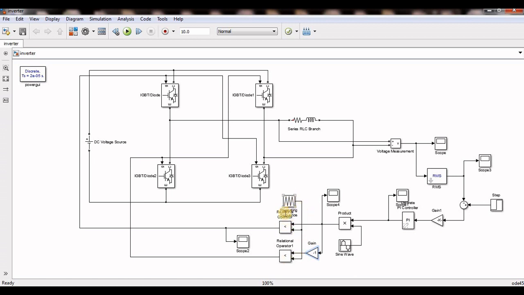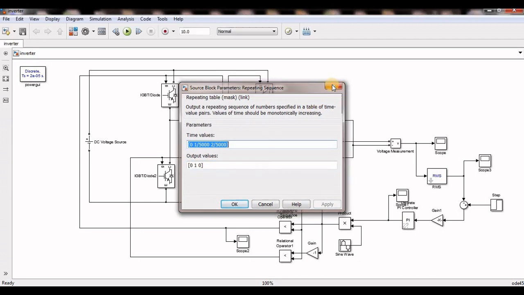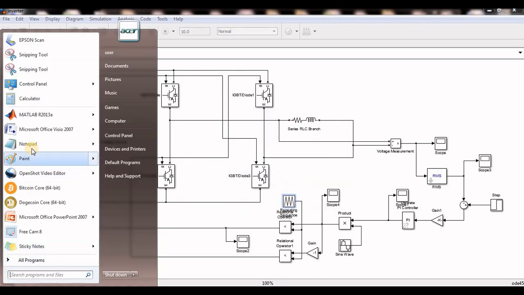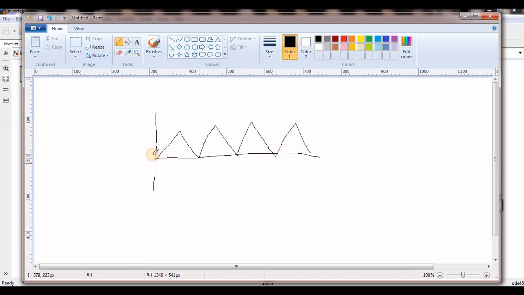So for the positive sine wave, 0 to 180 degrees, because this is only 0 to 1, only positive values are there for this triangular. So see, simple, only positive triangular is there, like this positive triangular, and only positive sine wave.